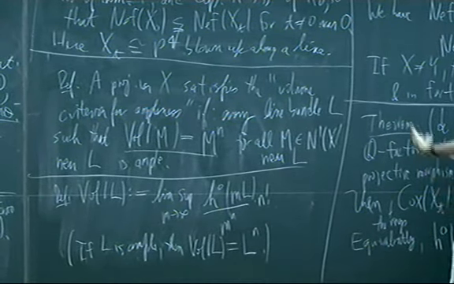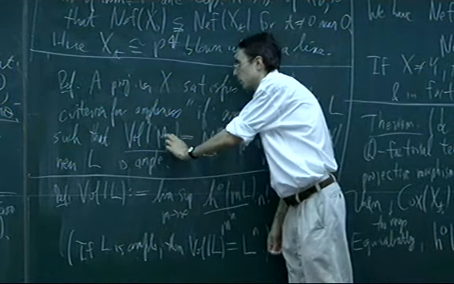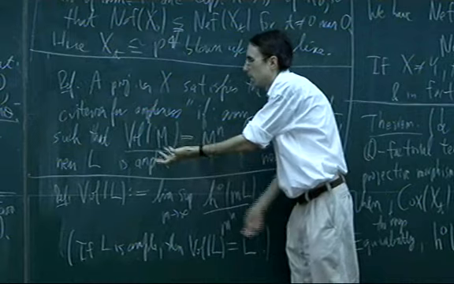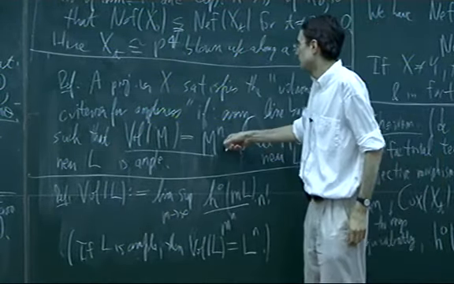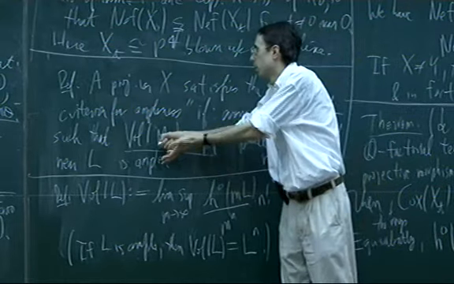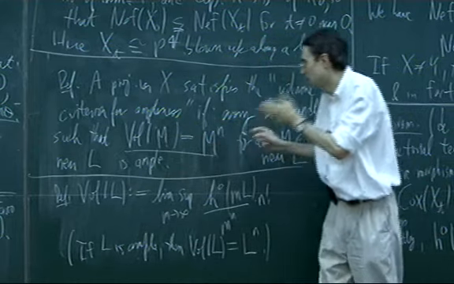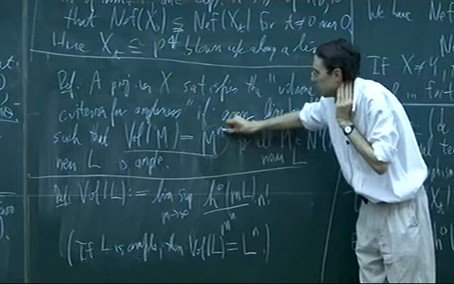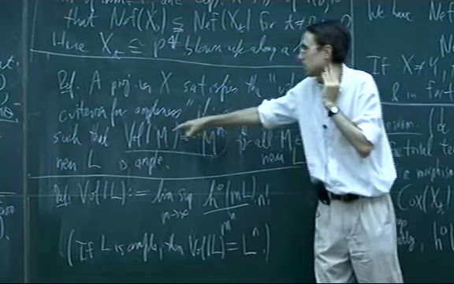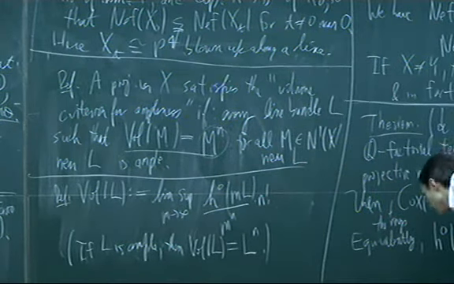It would be unreasonable to expect that every line bundle with volume of L equal to L to the n is ample. That would almost never be true. There would be lots of line bundles where L to the n happens to be 0, and L is very far from being ample, so its volume is 0. But if this holds not only for L but for all line bundles near L, some of them are definitely going to have this number non-zero, and if these two things match up perfectly, you kind of think that L should be ample.